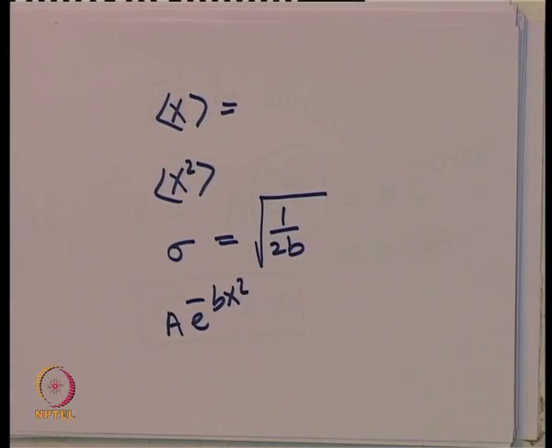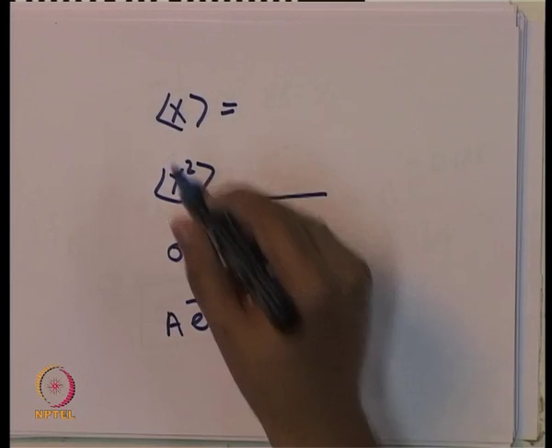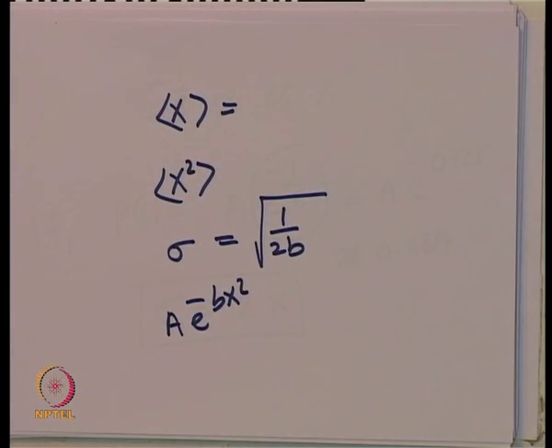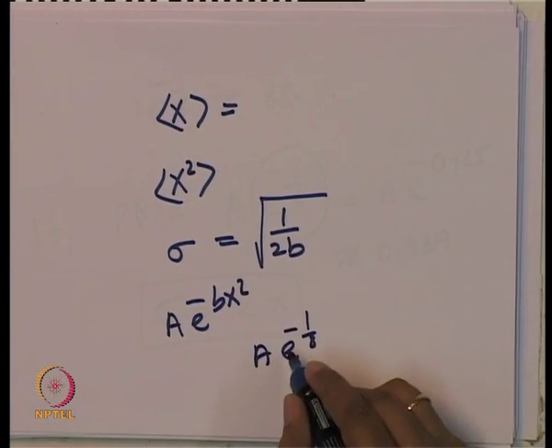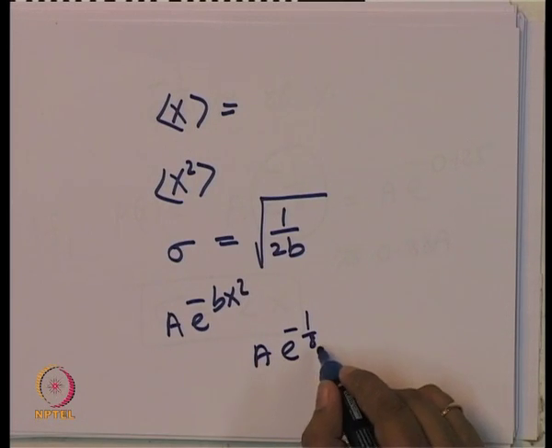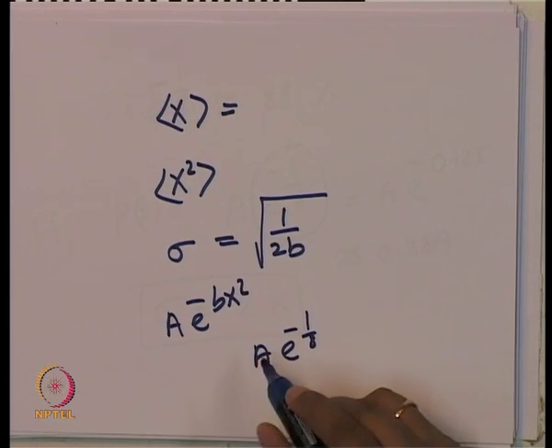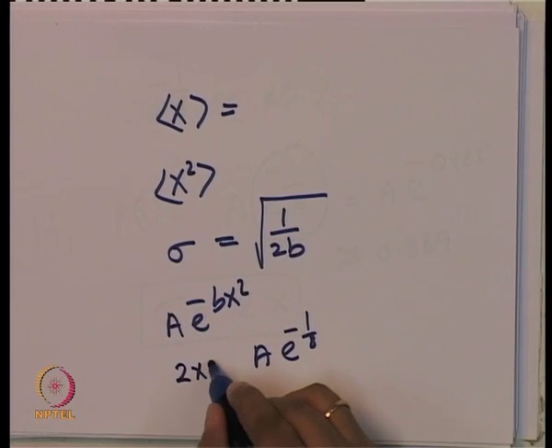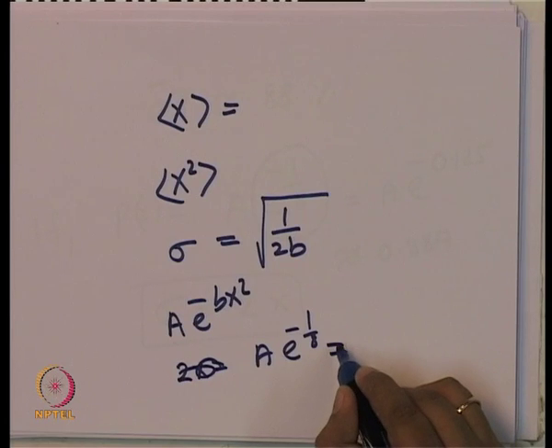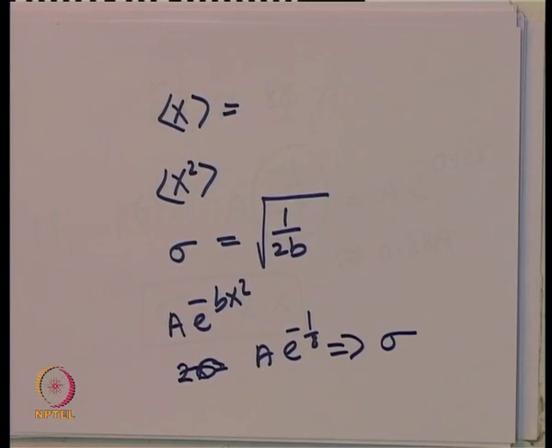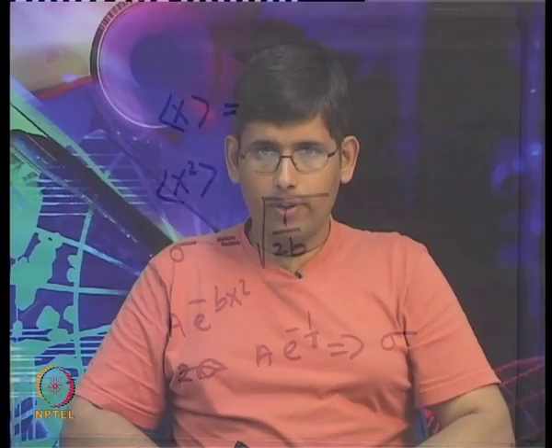We found that the peak is x average, and the width at e power minus 1 by 8 times the maximum value, which is at 2x, will give you the standard deviation. So, we learned many things about the normal distribution.